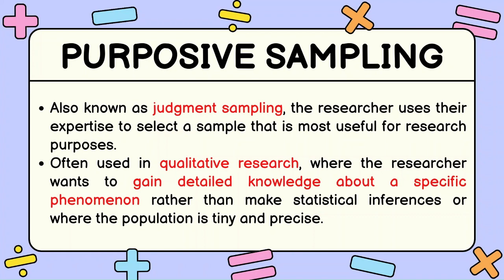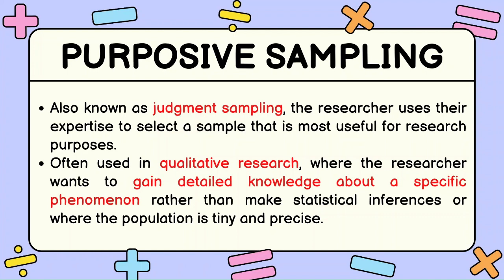He or she is the one who selects the participants in his or her research. Of course, when he wants to collect relevant data using purposive sampling, you're going to choose those participants that will actually give relevant data.